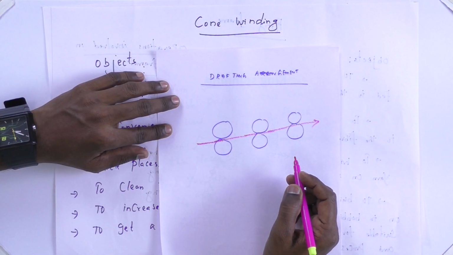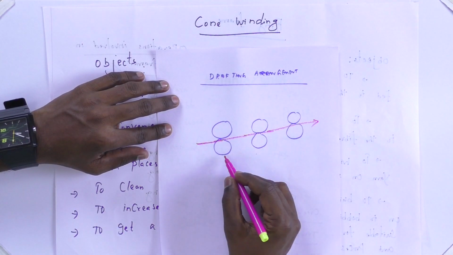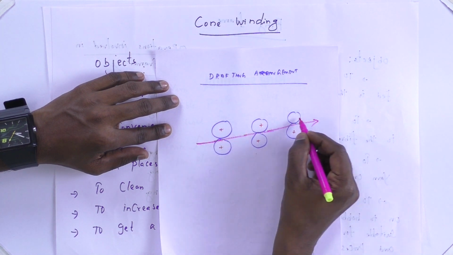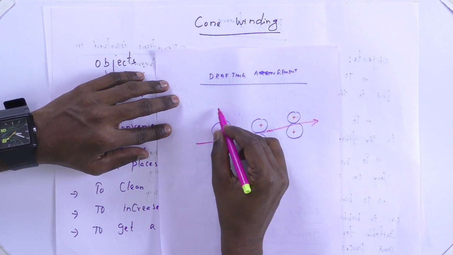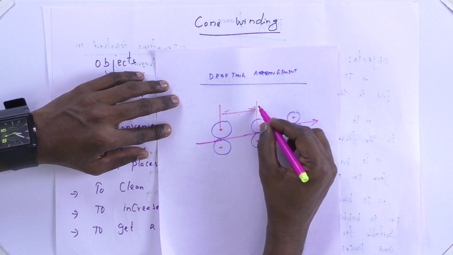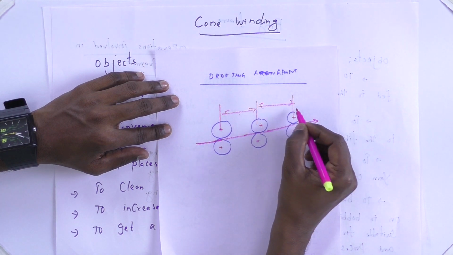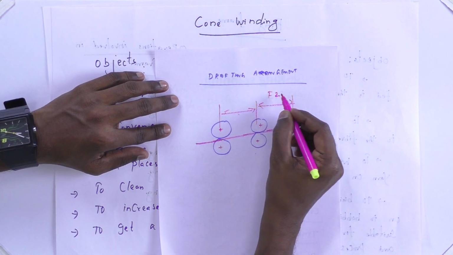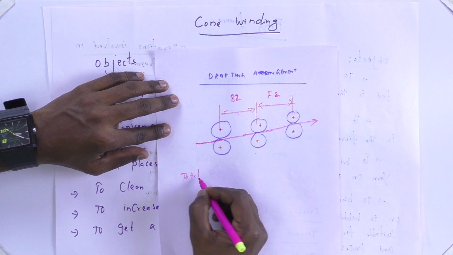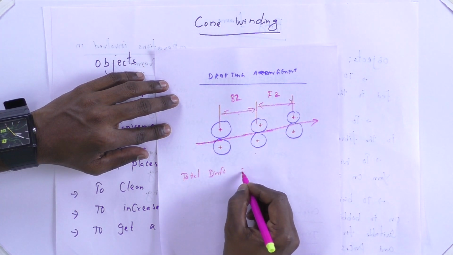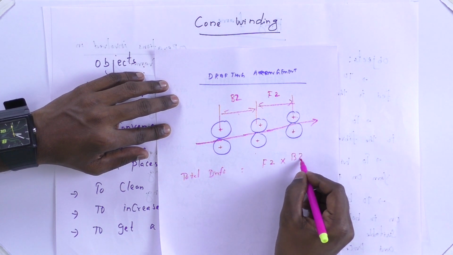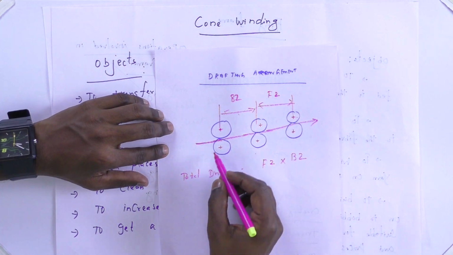So this is the drafting arrangement of the ring frame machine normally. These are all bottom rollers, these are all top rollers. So this area, from the front roller, nip to nip, is the drafting zone. This is a front zone, this is a back zone. So total draft is the multiplication of front zone draft and back zone draft.